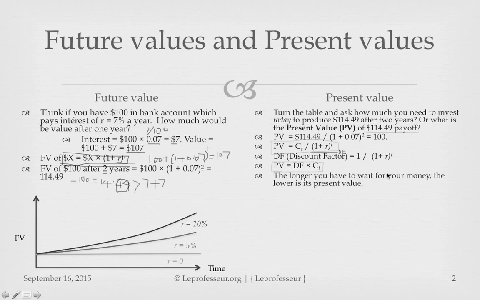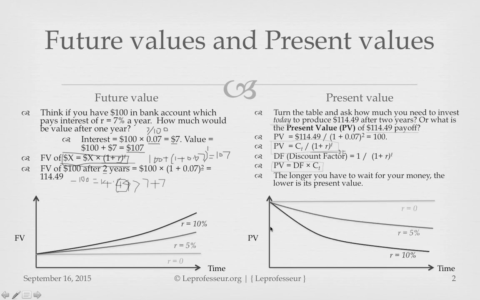The longer you have to wait for your money, the lower will be its present value. Let's say you need 100,000 after 10 years. So you can calculate 100,000 divided by 1 plus the interest rate your bank is giving you, let's say 0.07, to the power 10. You'll get some number. That much money you would need today.